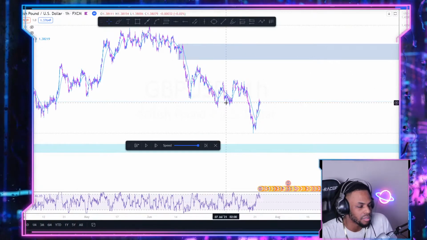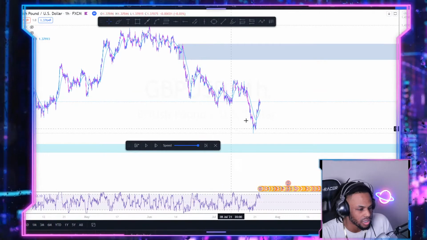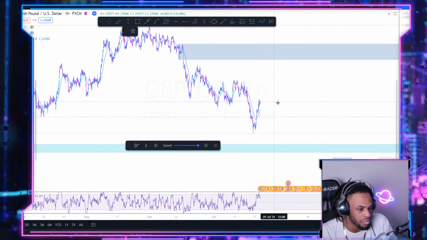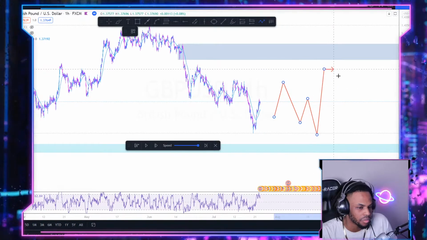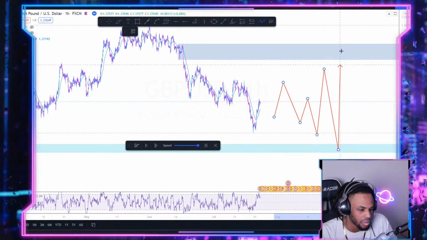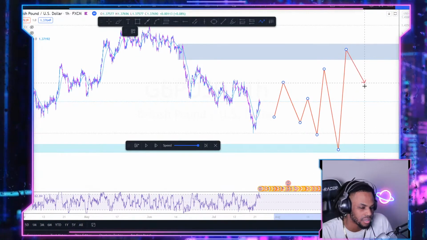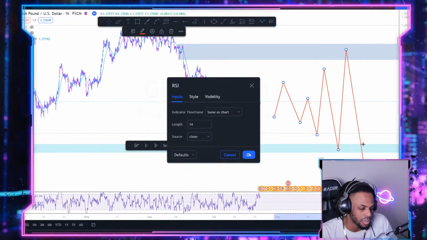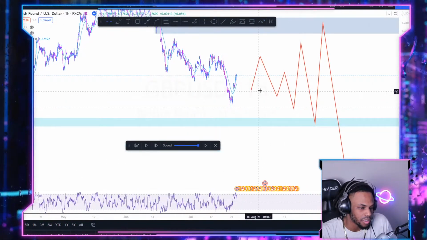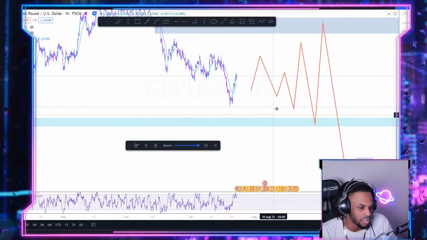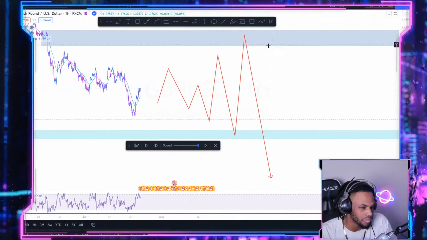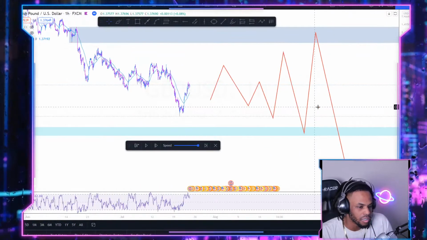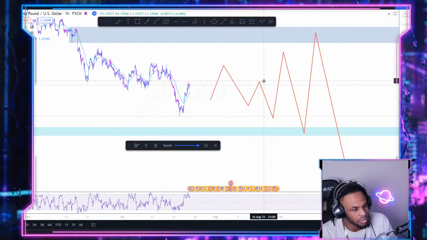I realized I was taking a few more losses trying to trade towards these zones because price can bounce all around. They'll break a low, break a high, get pretty close but not mitigate it, then they'll hit that one, then finally go to that zone and give you your big push down. And you don't want to be selling in here this whole time where you could have caught some pushes up, or you could have just waited for the actual big move down. So that's when the markets are kind of choppy.